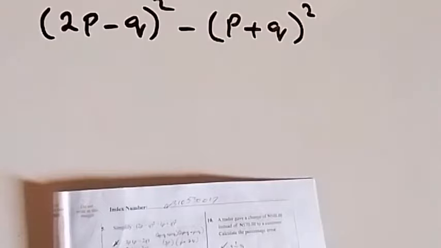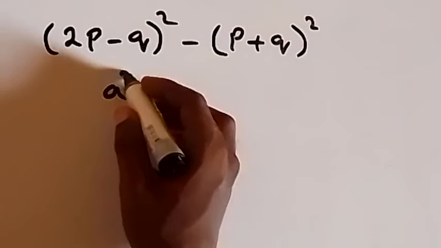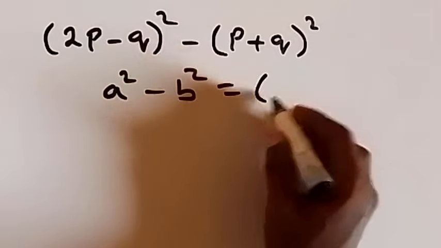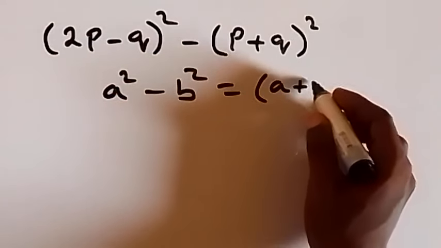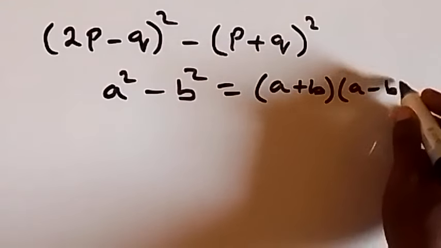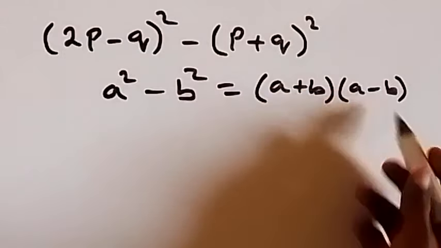This follows difference of two squares: whenever we have a squared minus b squared, we can express it as (a plus b) times (a minus b). We sum the two, then times the difference.